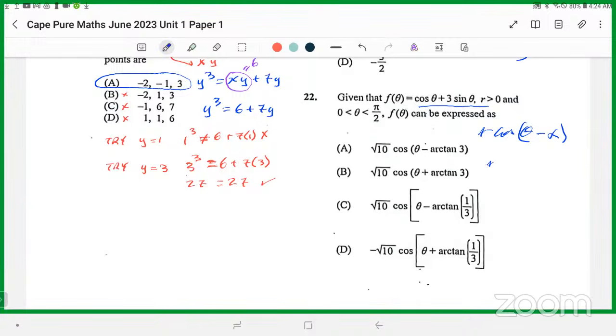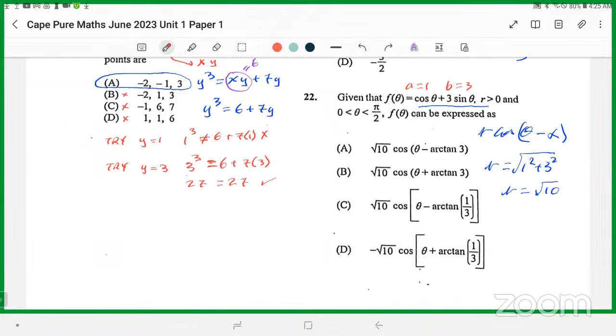Because R is the square root of a squared plus b squared. R is the square root of 1 squared plus 3 squared. That's why R is equal to root 10. Up here, A is 1 and B is 3. A is the coefficient of the cos and B is the coefficient of the sine, 3.